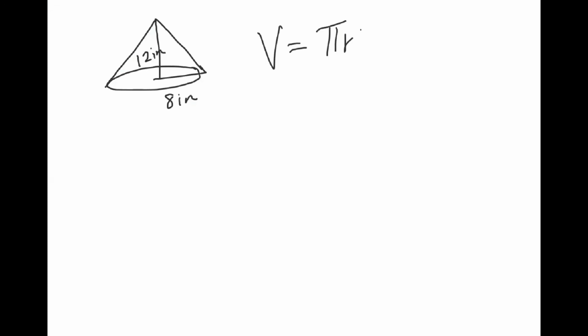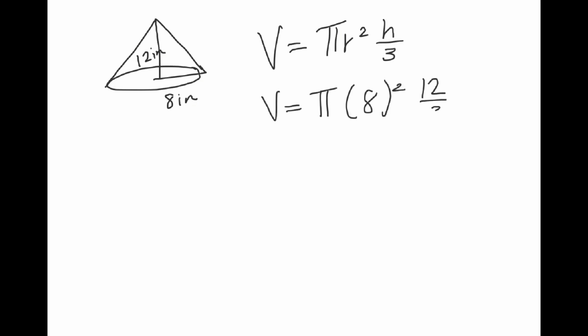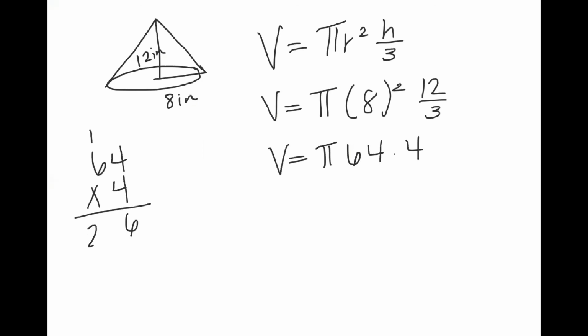So pi r squared, height divided by 3. We plug stuff in. 8 squared, 12 over 3. So this is 64 times 4, 256 pi.